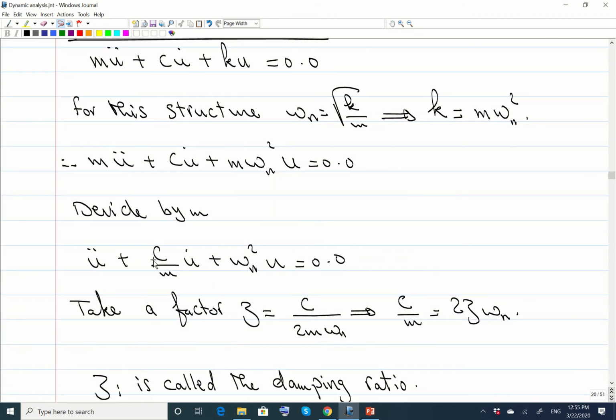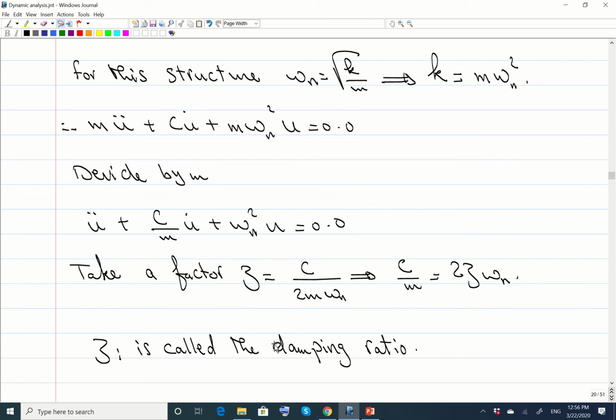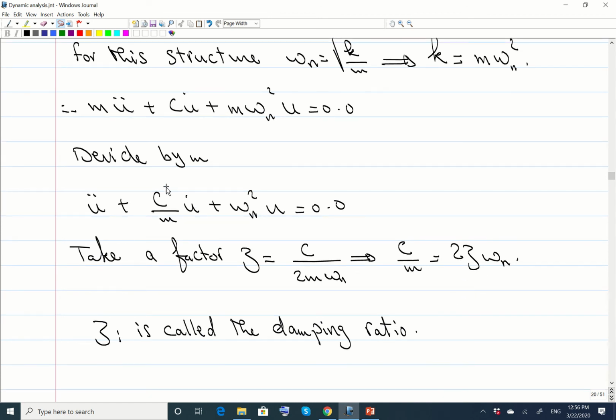Now for this factor c over m, I will introduce a new factor called zeta. Zeta is the damping ratio. Zeta is c over m, divided by 2 omega n. So c over m is going to be 2 zeta omega n. C is the damping coefficient, and zeta is the damping ratio, so those are different.